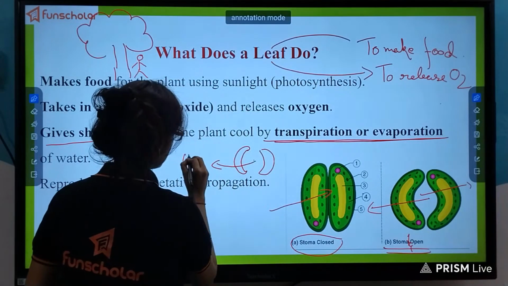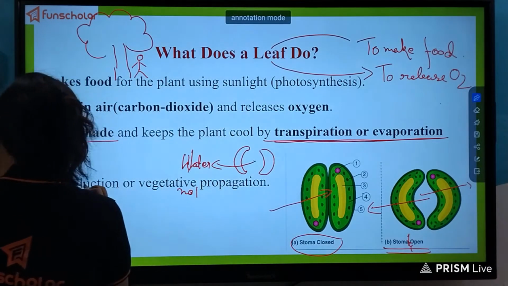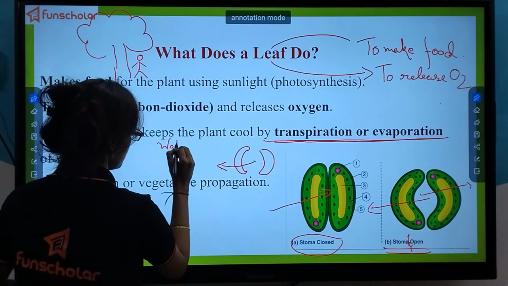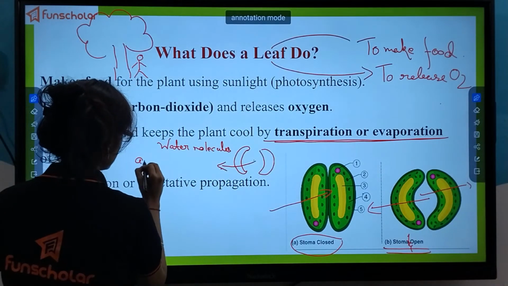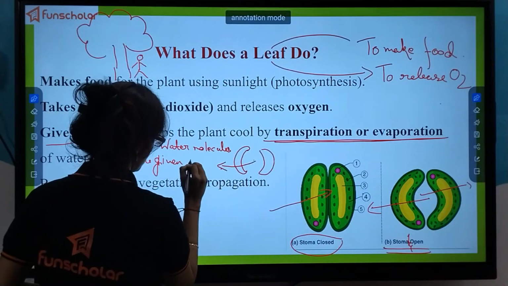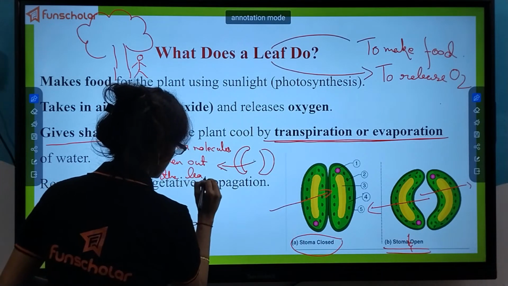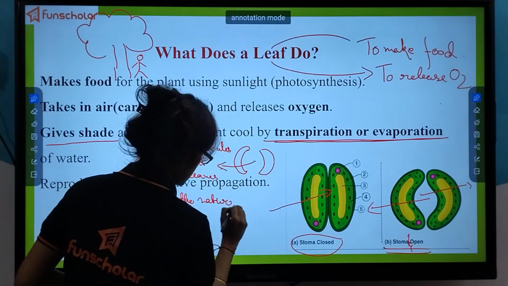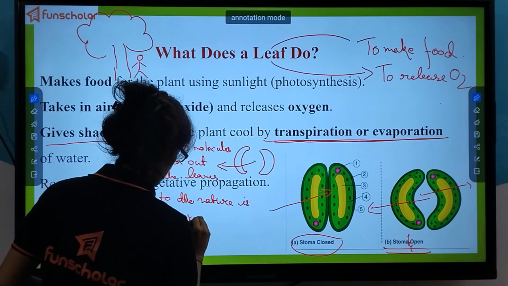If the water molecules are given out by the leaves to the nature, it is known as what?